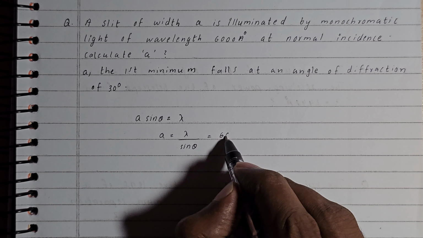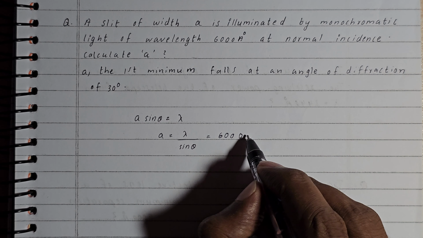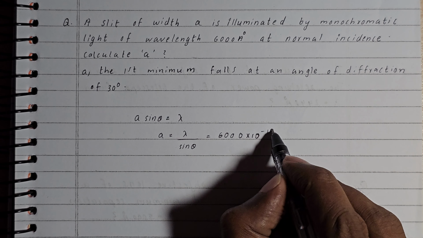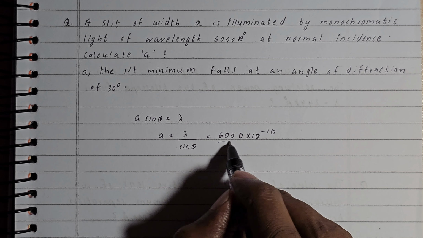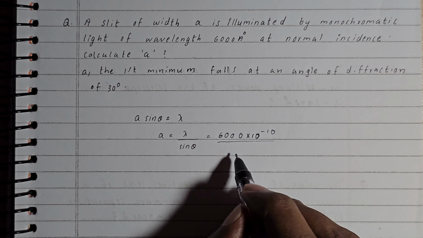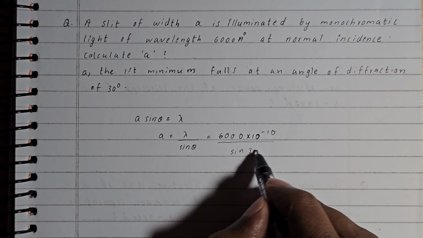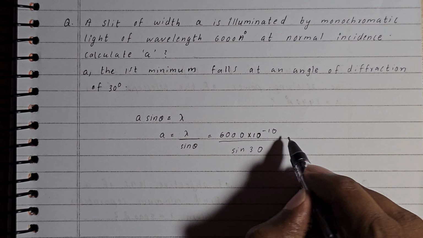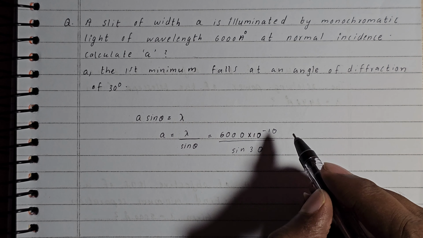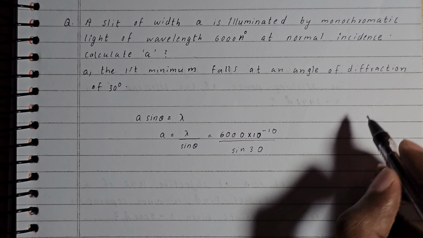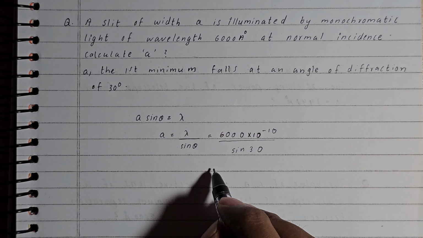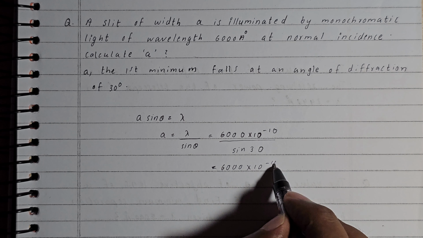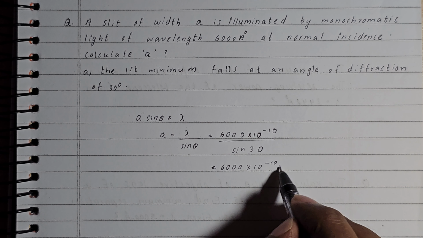So lambda is equal to 6000 angstrom, converted to meter. So 6000 times 10 to the power minus 10 divided by sin 30. Sin 30 is 1 by 2, therefore it is equal to 6000 times 10 to the power minus 10 times 2.